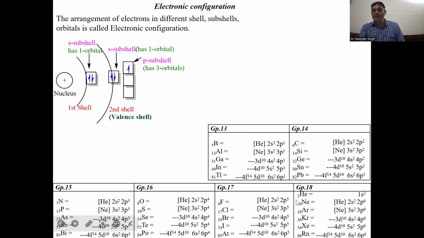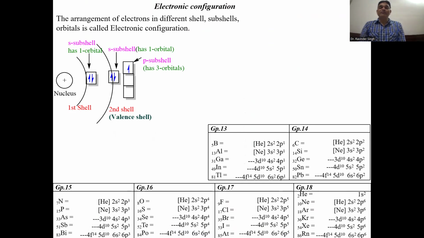For example, in group number 18, first simply write the configuration of neon, 2s2 2p6, then argon 3s2 3p6, krypton 4s2 4p6, xenon 5s2 5p6. Like that we remember it in our mind, and then we can directly write the valence configuration of xenon in the examination, 5s2 5p6. Okay.